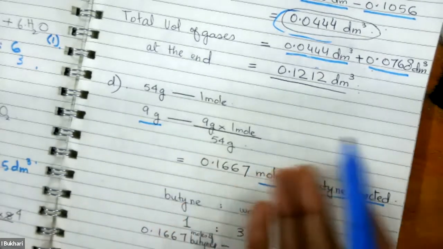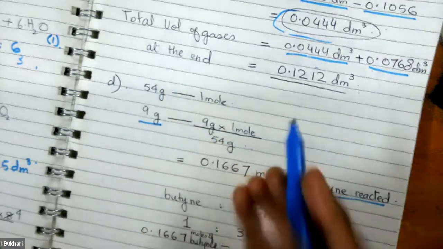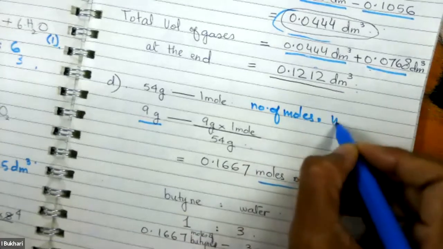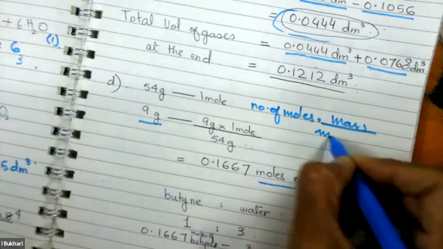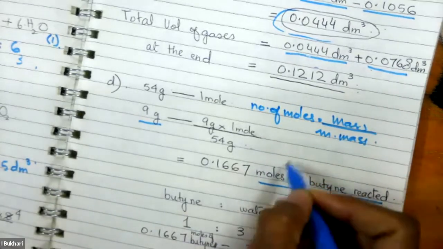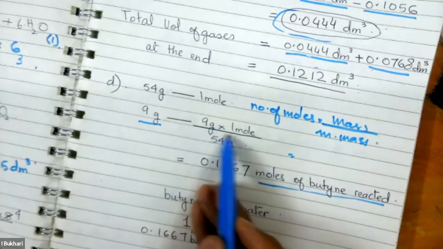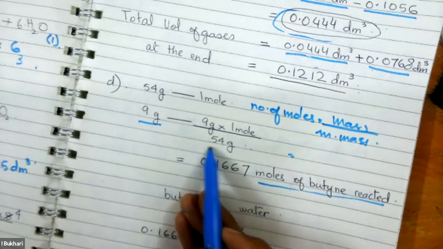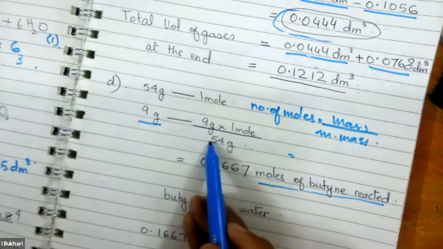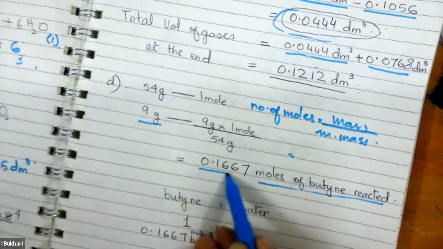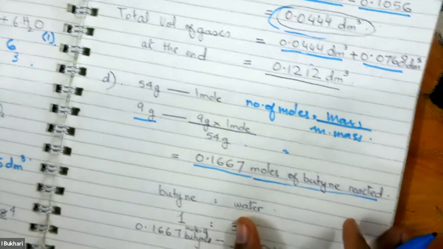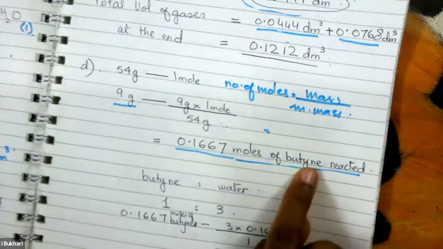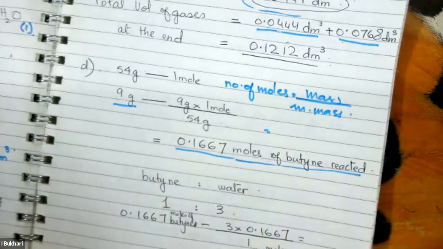So it's easy, number of moles of any substance, write down the same formula, number of moles is mass divided by the molecular mass. So mass of butane here is 9 grams divided by the molecular mass. They have already mentioned in the question, it is 54 grams. You divide 9 by 54, you will get 0.1667 moles of butane. So these many moles of butane are participating in the reaction.